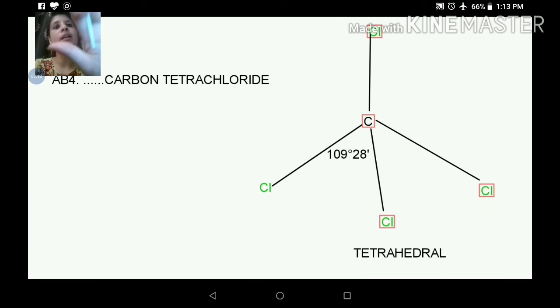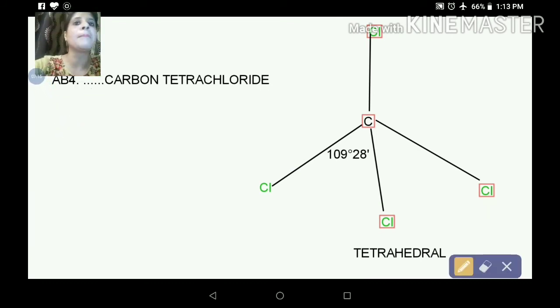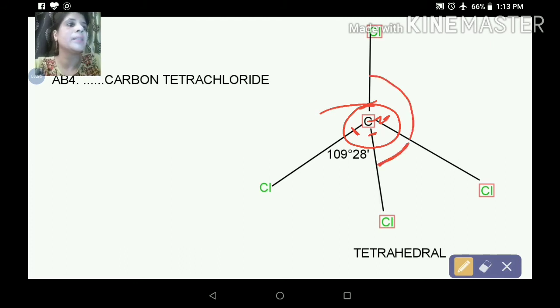So I have taken one simple example, carbon tetrachloride. Carbon here is the central atom, having four valence electrons. That means it will make four bonds with monovalent Cl. All the bond angles are the same, that is 109 degrees 28 minutes, and this structure, with four symmetrical bonds and only bond pairs, is known as which structure?